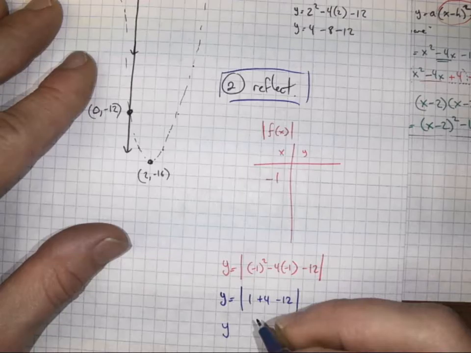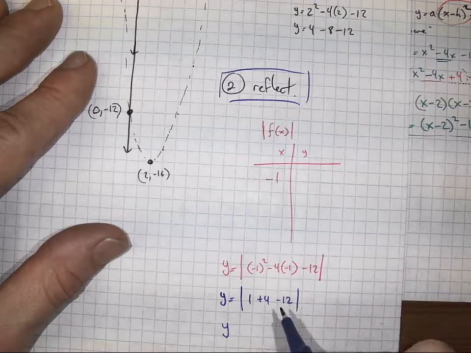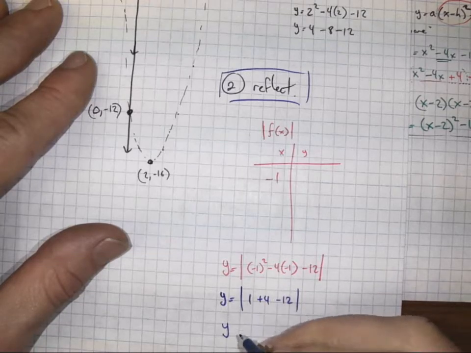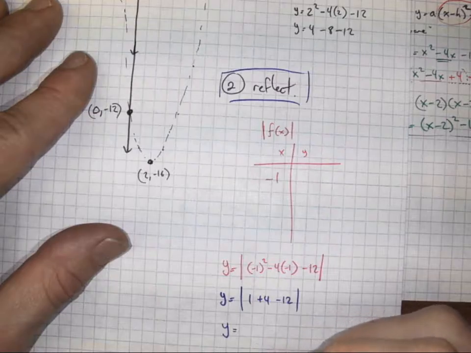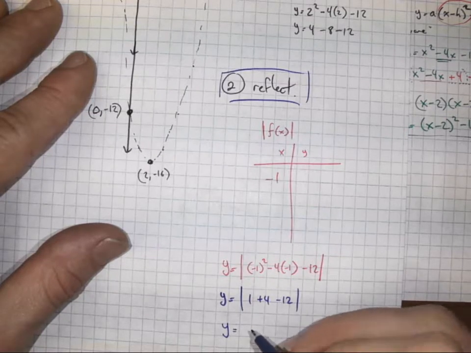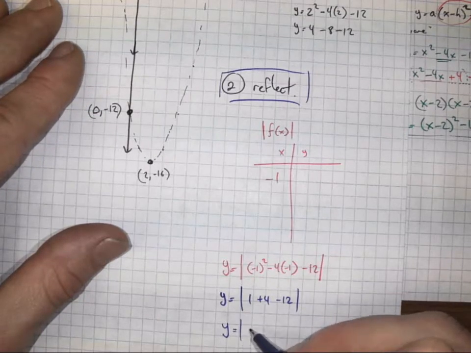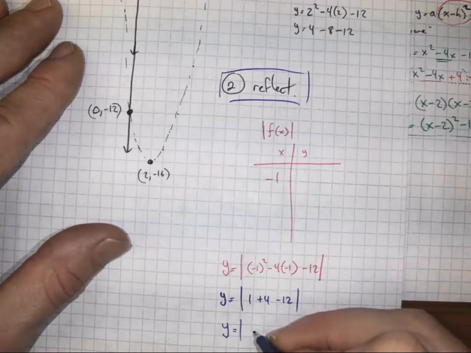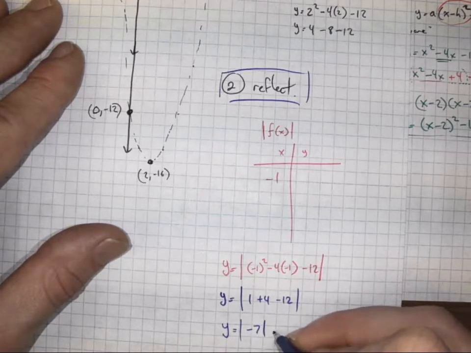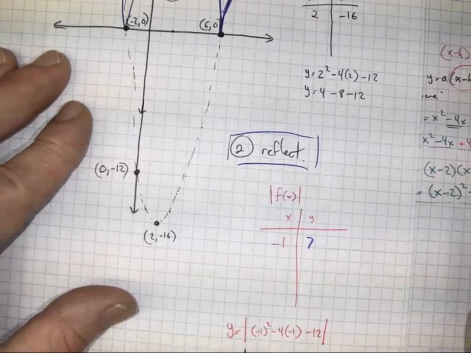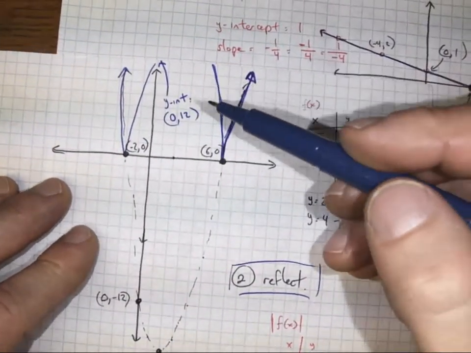So again, y is, why is that? All right, that's equal to 5 minus 12, which should be negative 7. So y should be 7 when x is negative 1. That's just luck.